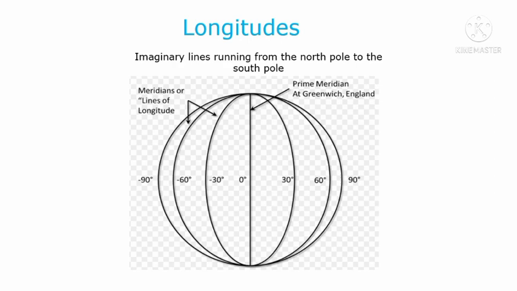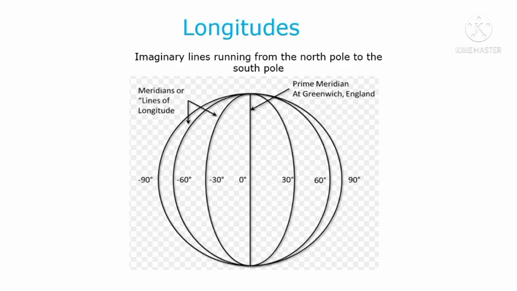And the part towards the left hand side of the 0-degree longitude is termed as western hemisphere, and towards the east side it is called as eastern hemisphere. So even you can say that these are the western hemisphere and these will be the eastern hemisphere.